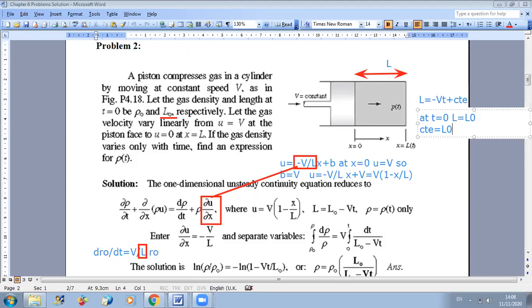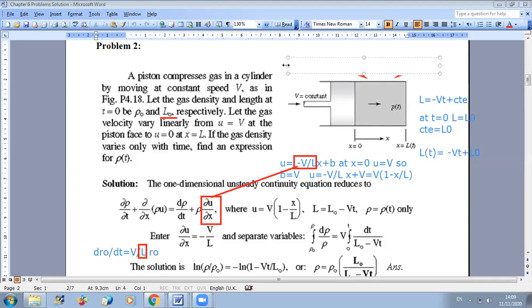So now I found the expression of L. L, which is a function of time, is equal to minus Vt plus L0. Why minus Vt? Because what is the definition of velocity? Isn't it dx by dt?